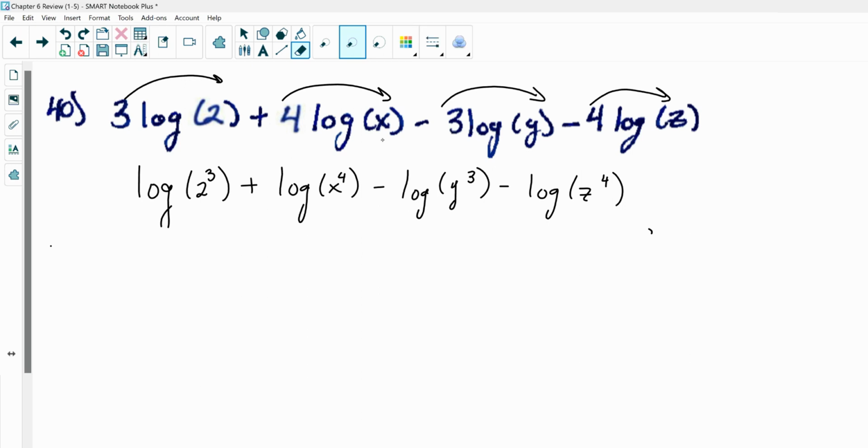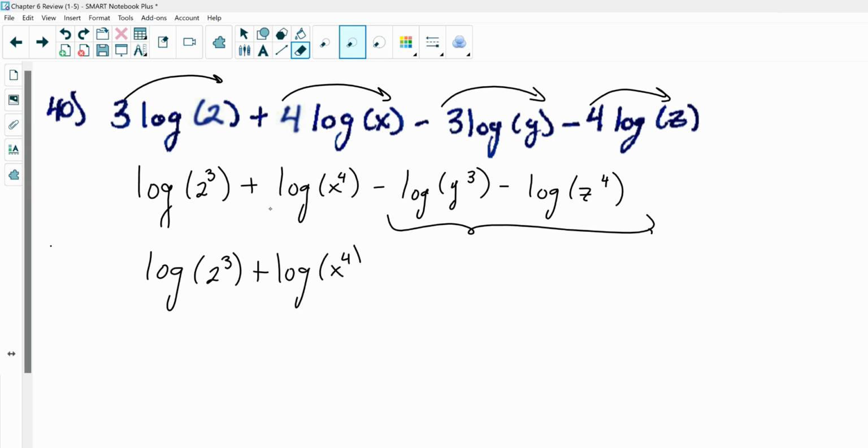And to fix that, the first thing we would have to do next is factor that negative out.